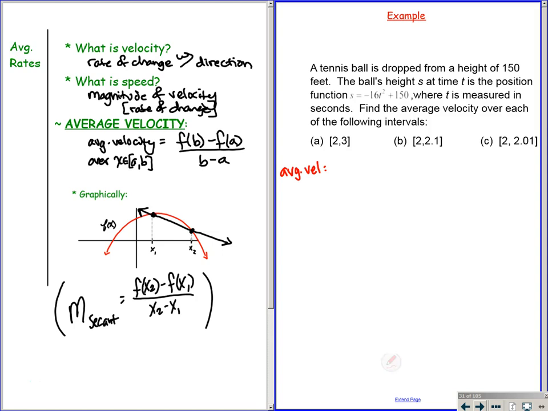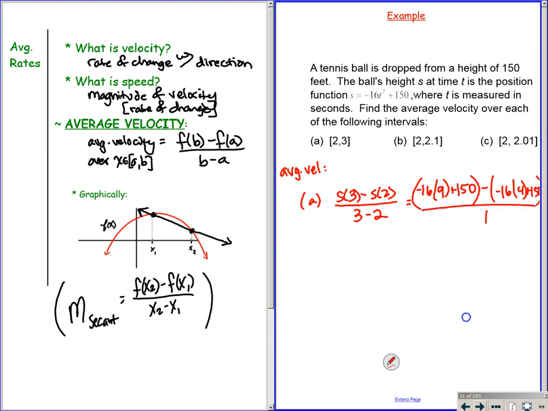For the first one, for A, can't I just do s of 3 minus s of 2 all over 3 minus 2? What do you guys think? Yes. Which would not be super nice if I actually had to plug and chug it into this original equation and say, oh, negative 16 times 9 plus 150 minus negative 16 times 4 plus 150.